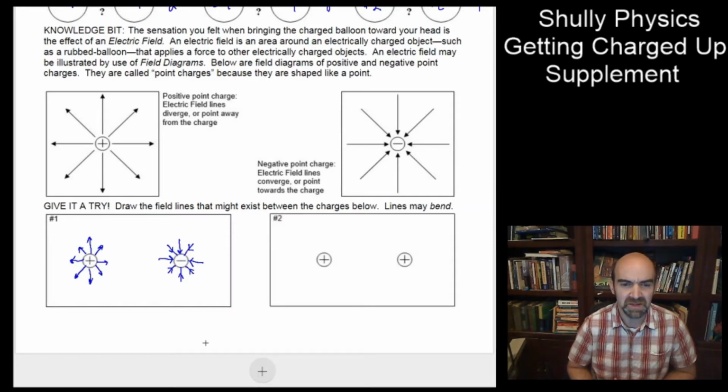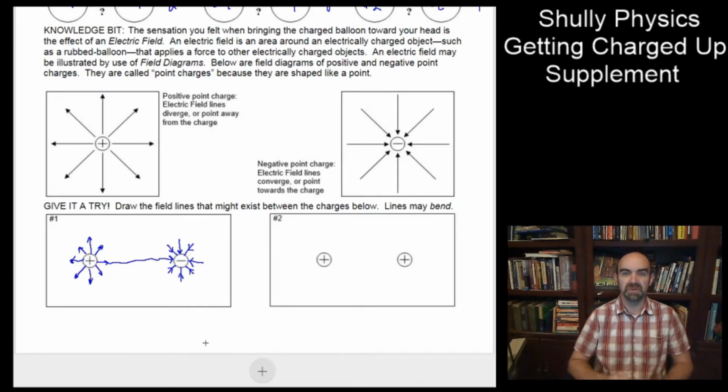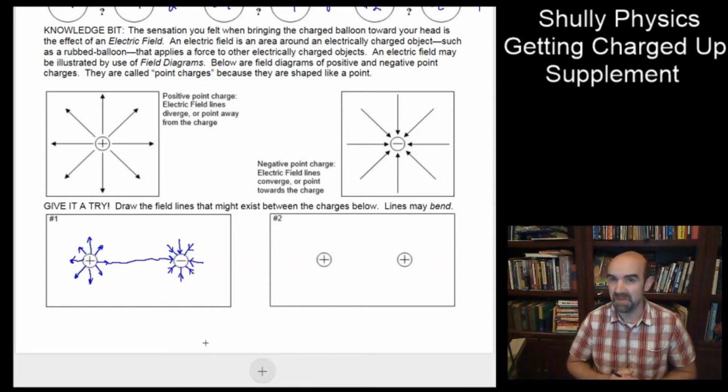Now, how are they going to interact? You see this field line here? It's going out from the positive. There's another one that actually goes in towards the negative. Well, they're actually going to connect. And now, before I do anything else, I'm going to bring up a scenario with some magnets. Magnets create a magnetic field very similar to an electric field. It's just a lot easier to see.